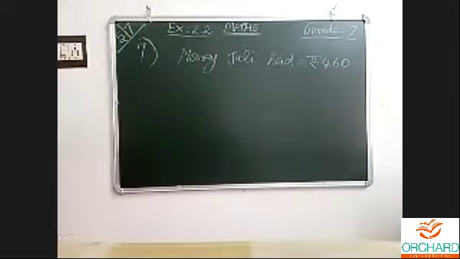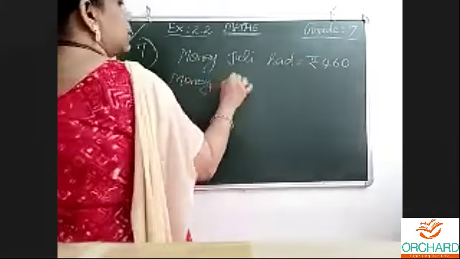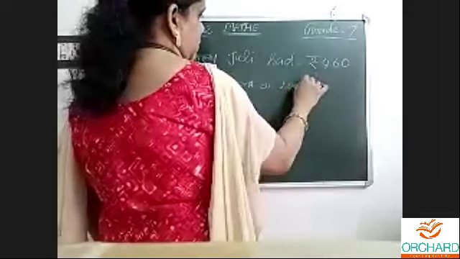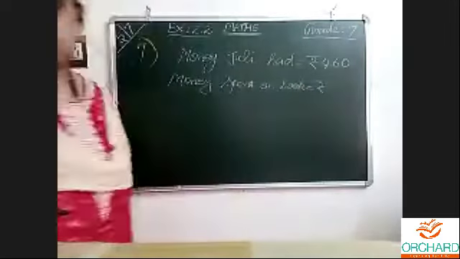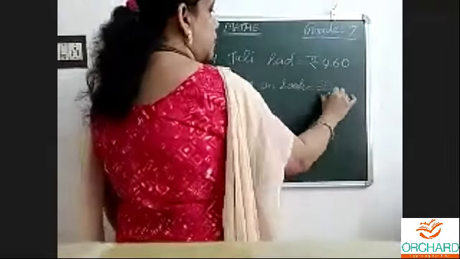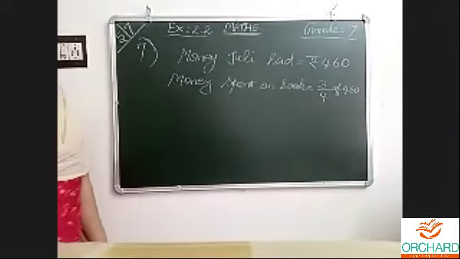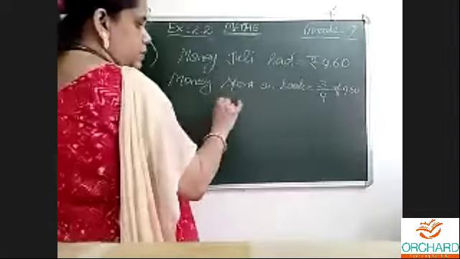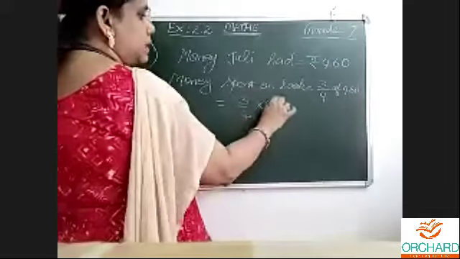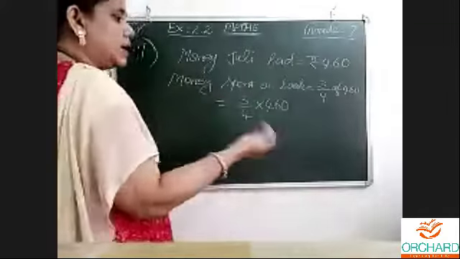Money spent on buying the book, I will write, is equal to 3/4 of, then I will use this rupee symbol, 3/4 of 460. 3/4 of the total money. 3/4 means 75% of the money she gave for buying the book.